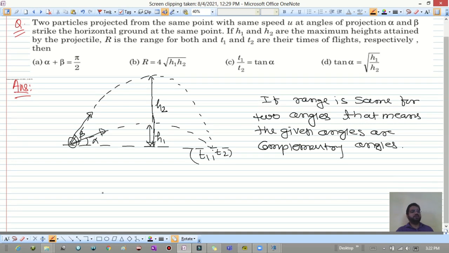Now why complementary angles? Because see, range is equal to u squared sine 2 theta divided by g, right?